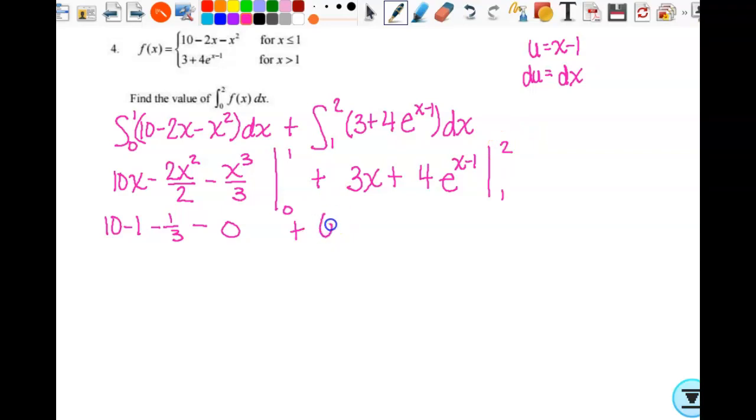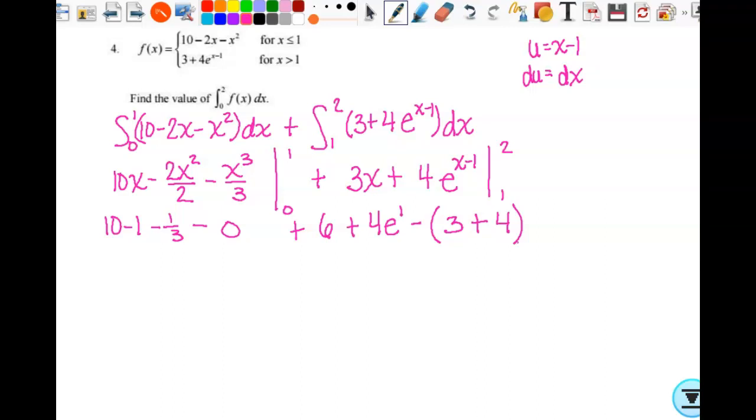This will give me 6 plus 4 times e to the what? First. Minus the bottom, which is going to give me 3 plus, okay, so e to the 0 is 1, so this is plus 4. Everybody with me so far?